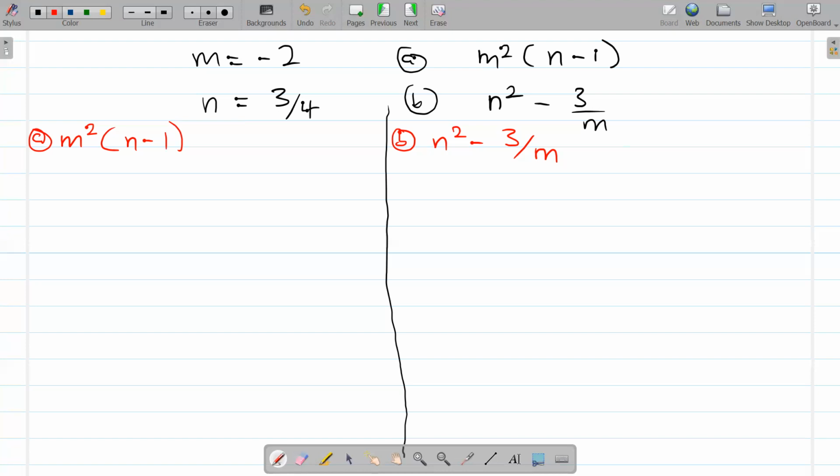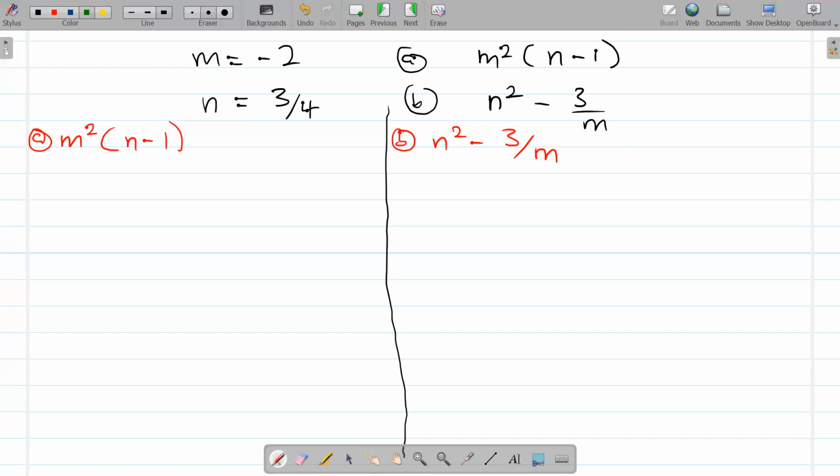Are you done with the A? No, I'm still thinking. I suppose it's supposed to be M equals. No, there's no equal to sign. It's just M squared into bracket N minus 1.